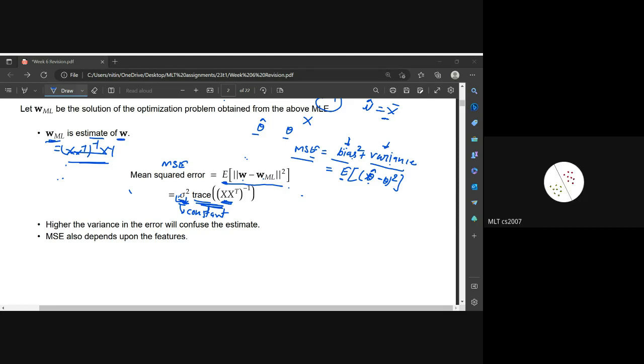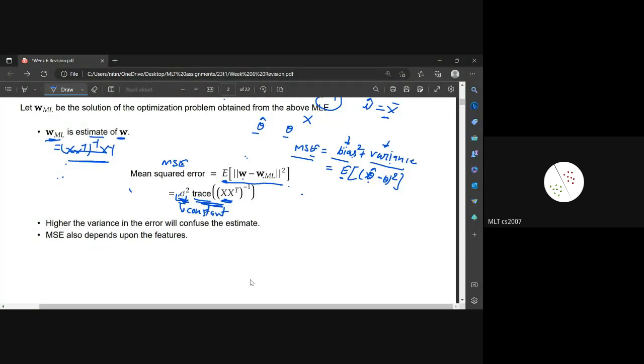So what we were discussing, we are saying that this is the MSE for your WML, right? We have seen this expression: sigma square trace of X X transpose inverse. These two terms will affect your MSE.